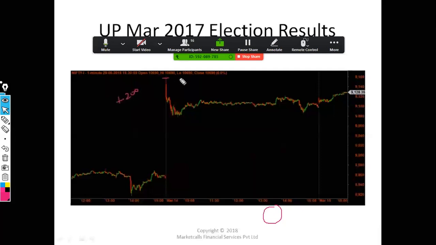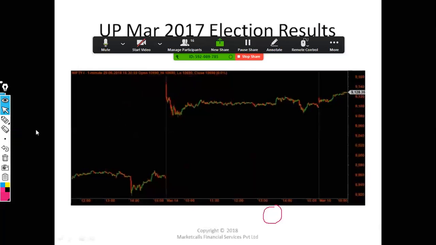Again, something interesting you might see on that particular day: the price stopped exactly in the first minute. I'm not sure how many people would have noticed these things. The price stopped. That means some sort of extreme emotions are going on in people's minds, and they take a decision, and that decision stops immediately. Then profit booking started coming into the markets. This is with the UP election.